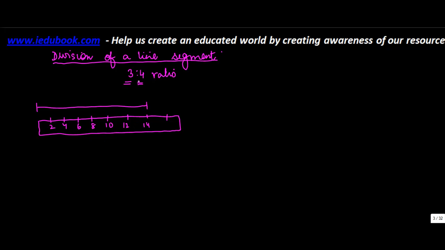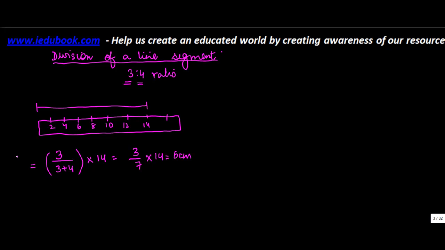Now if you have to divide it in a ratio of 3:4, what will you do? You will divide it as 3/(3 plus 4) into 14, which will be 3/7 into 14 is equal to 6 centimeter.